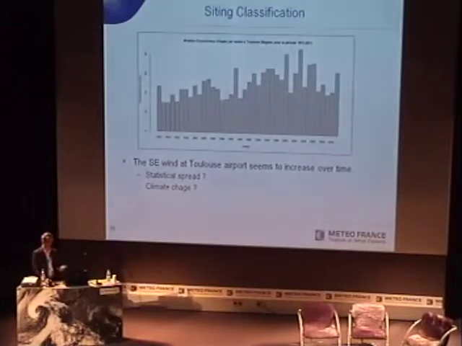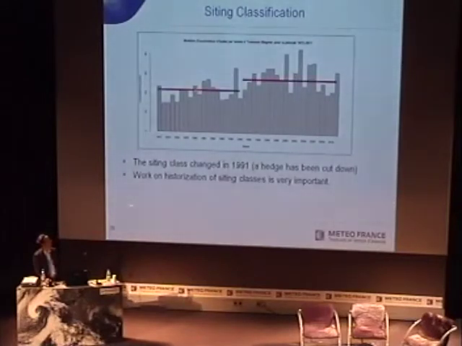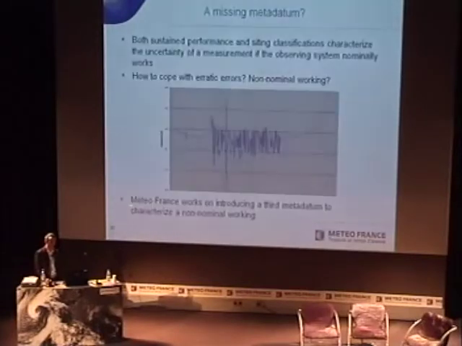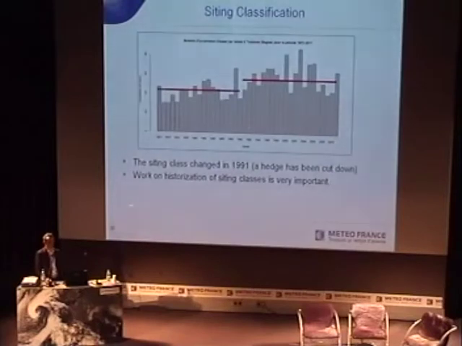So these are operational conditions, and for operational conditions these are really important parameters to monitor. We can see that this wind, which is a 10 meter high wind, increases over time. You have the mean of the two time periods. And like we saw with Alberto's example, this is due to an edge that has been cut down, and we now have more southeastern wind at Toulouse Airport.